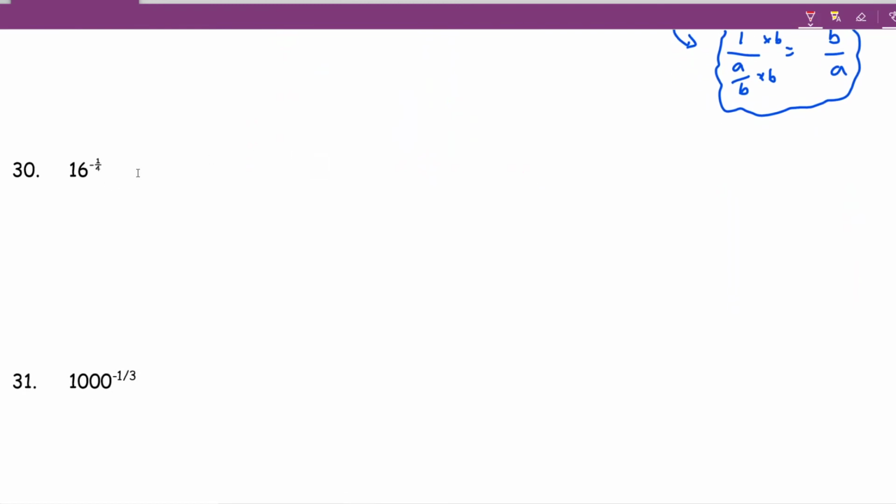Okay, so let's have a look at this. This one, first of all, I'm going to put 1 over 16 to the quarter, so change that to a positive. And then I know that this is the same as 16 to the root of 4. Okay, quartic root, and we worked this out earlier on. 1 over quartic root of 16 is 2. So that's just going to be a half.